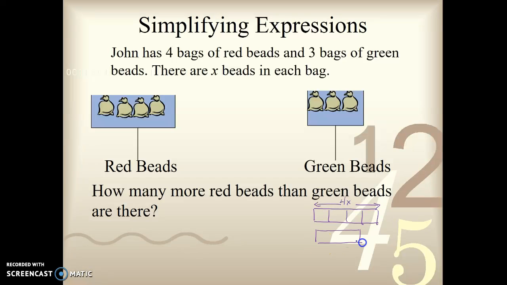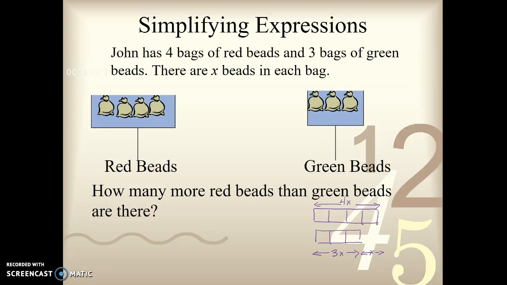And now down here, each one of these little squares equals a bag of x beads, and that's 3x beads. And we can see by looking at this model that if we were to subtract 3x beads from 4x beads, or find the difference, we would end up with 1x beads, which we just write as x, okay?